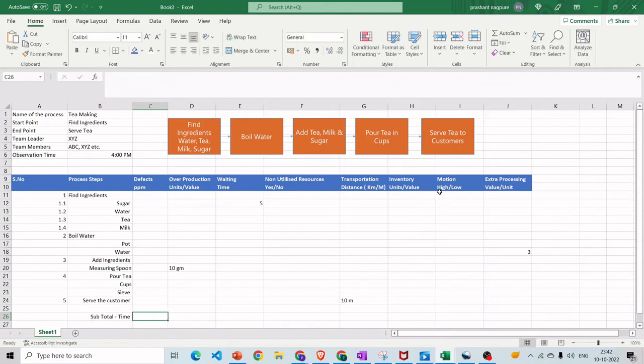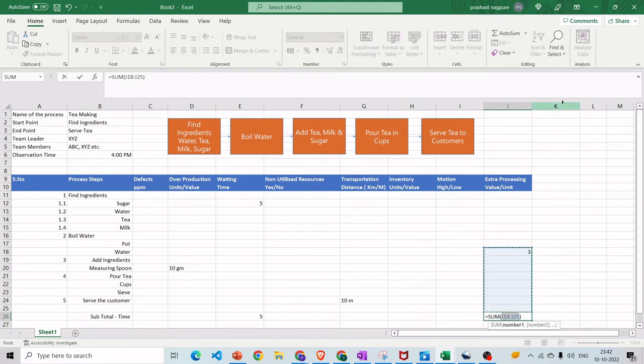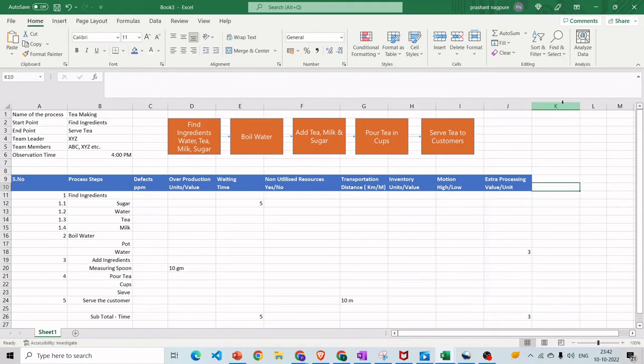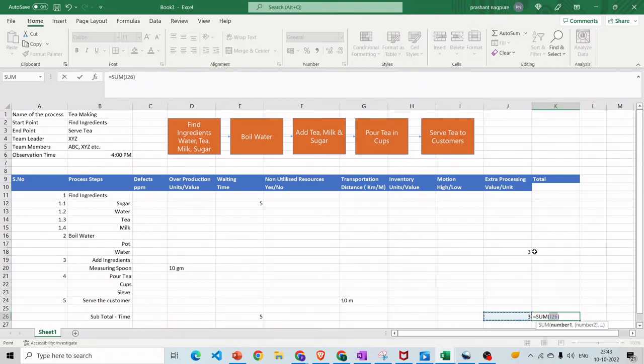So I will say auto sum of waiting time and auto sum of say processing time, and my total, let's call it here, total time wasted was, let's say, some of these times.